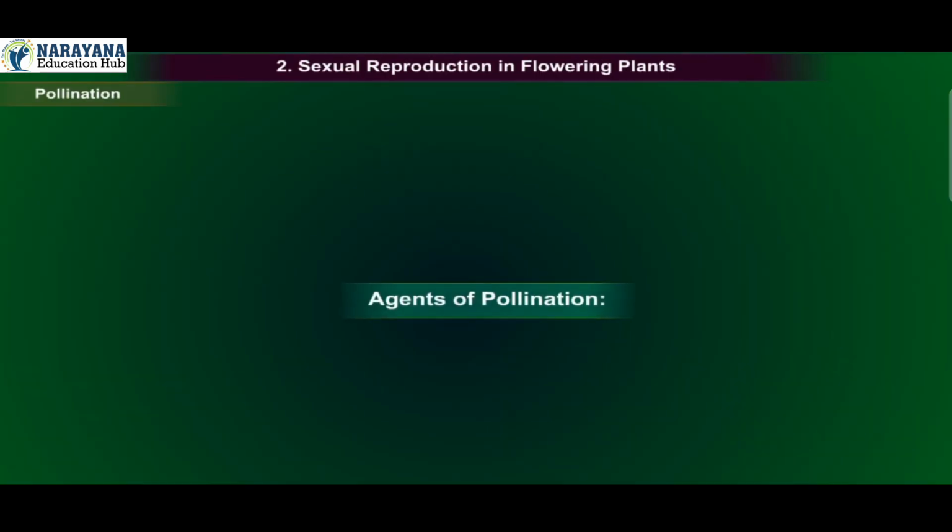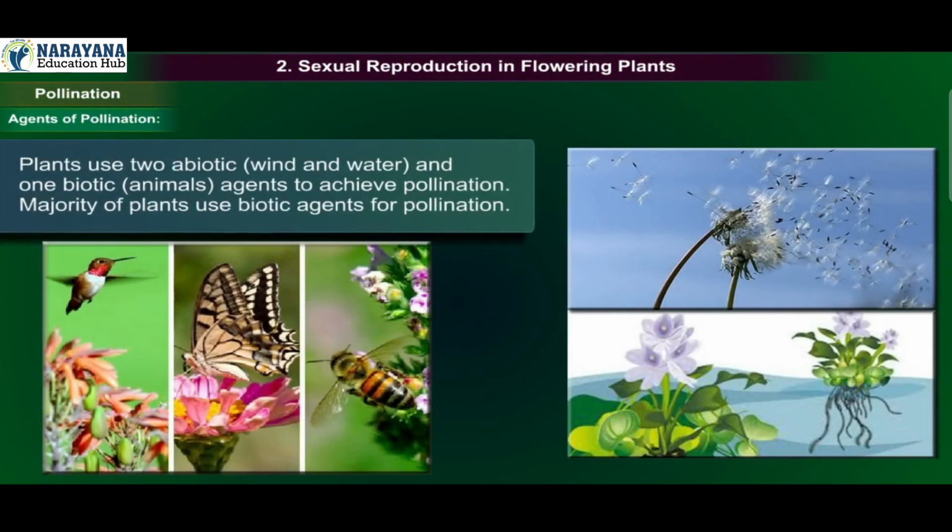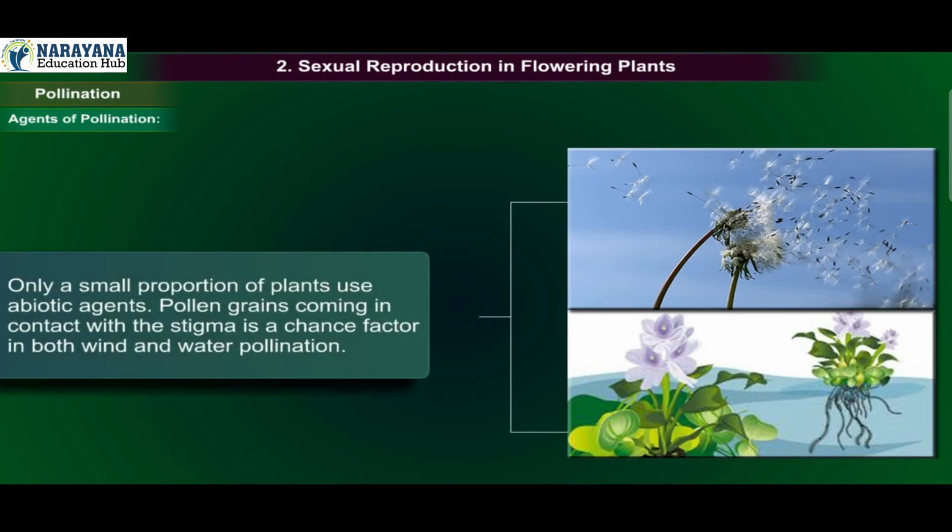Agents of pollination. Plants use 2 abiotic agents, that is, wind and water, and 1 biotic agent, that is, animals, to achieve pollination. The majority of plants use biotic agents for pollination. Only a small proportion of plants use abiotic agents.